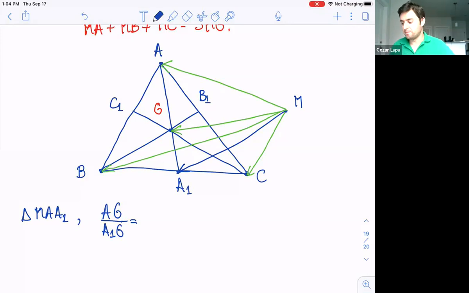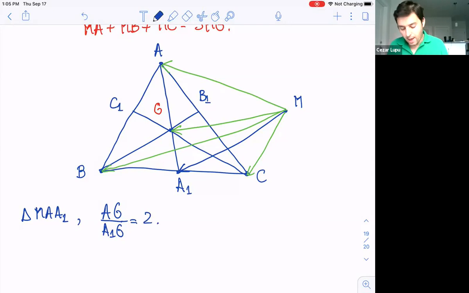So once again, this is 1/3 from the base, right? And 2/3 from the vertex. So this means that AG over A1G will be 2. Exactly, 2.